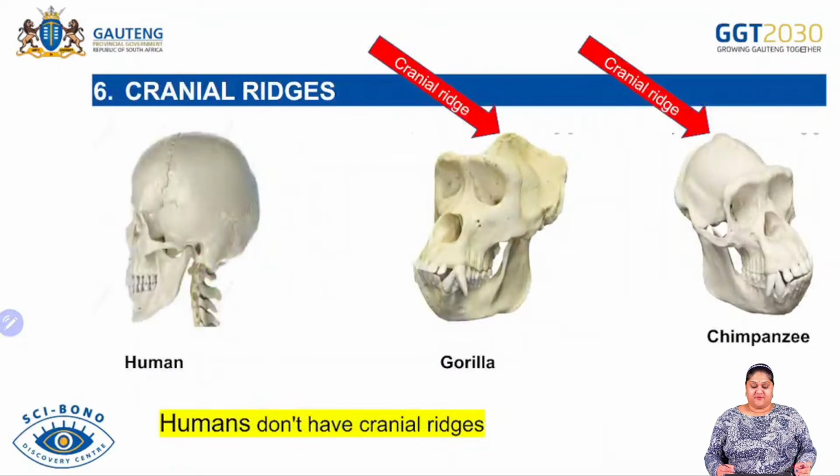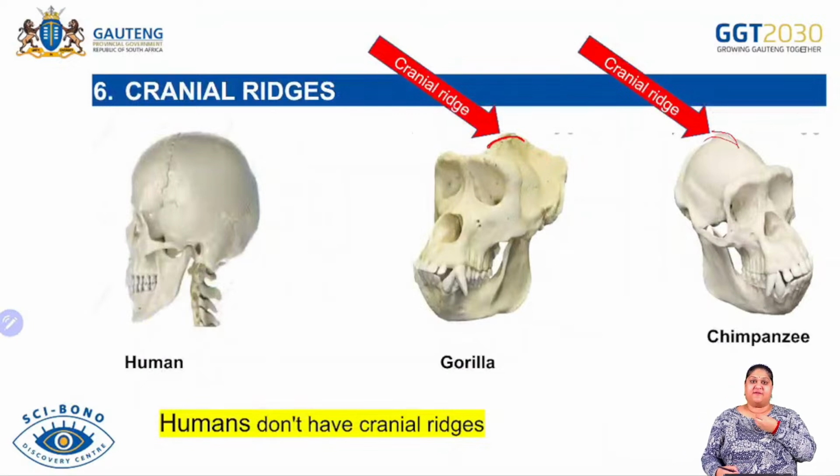Let's look at the cranial ridges. This is where the cranial ridge would be. It is for muscle attachment. Remember, the gorillas have larger jaws because of the food that they eat and how they had to eat their food. It's all got to do with their diet.